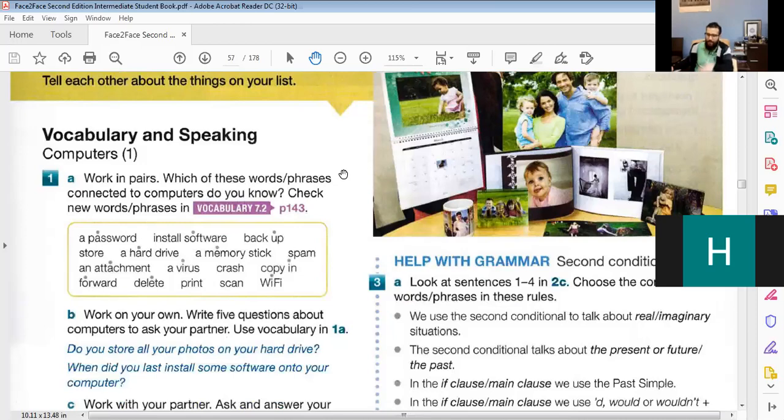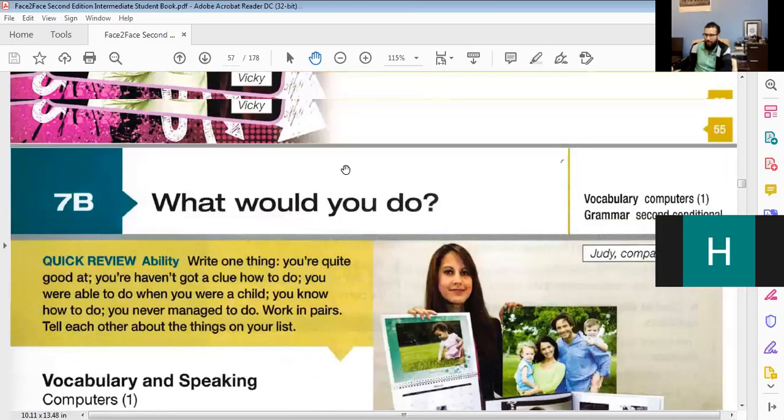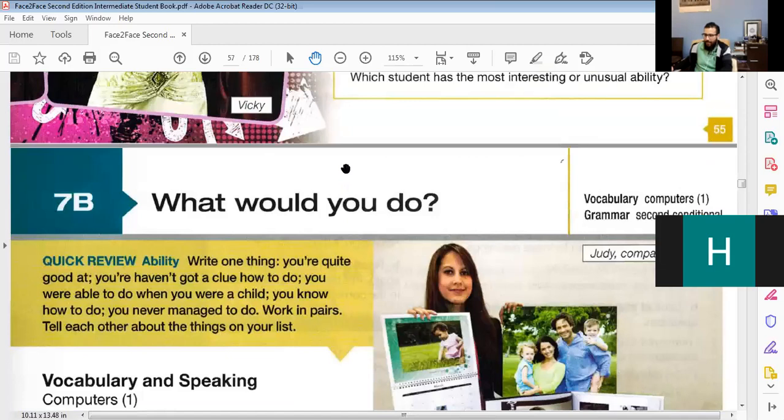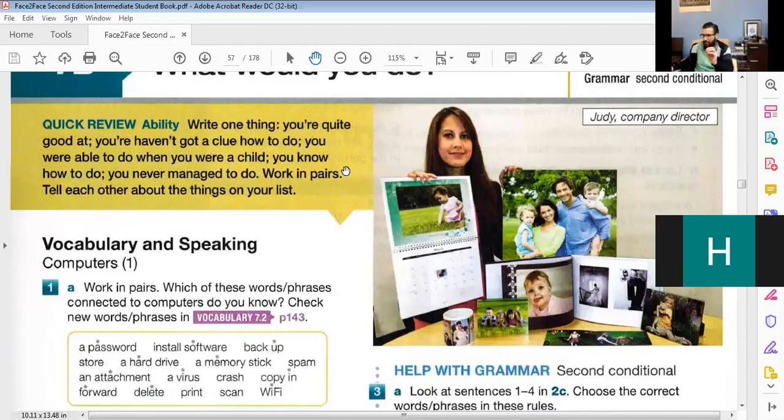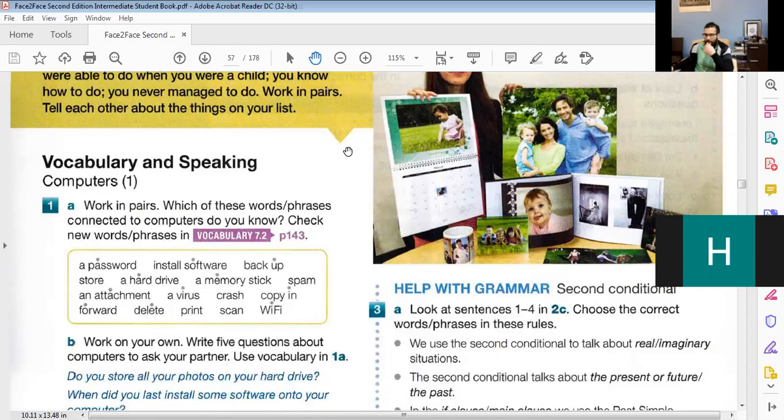But before that, of course, we talked about the first conditional. So here in this lesson, they showed us how to use the second conditional, but they also wanted us to pay attention to the difference between the first conditional and the second conditional. So this was one of the important points also in the lesson.